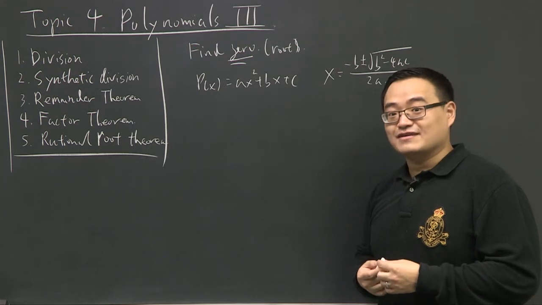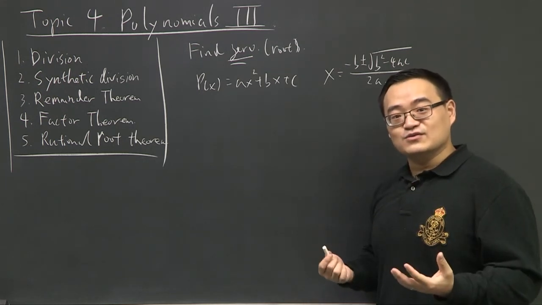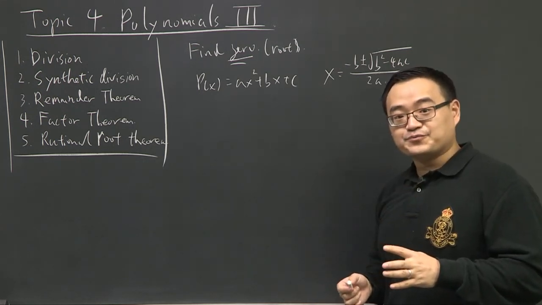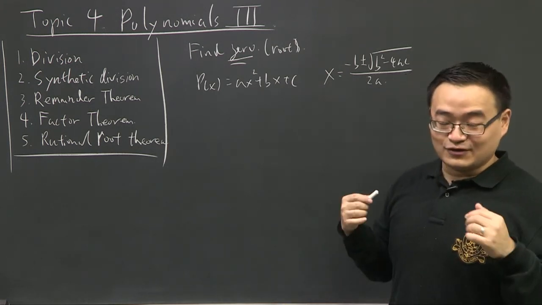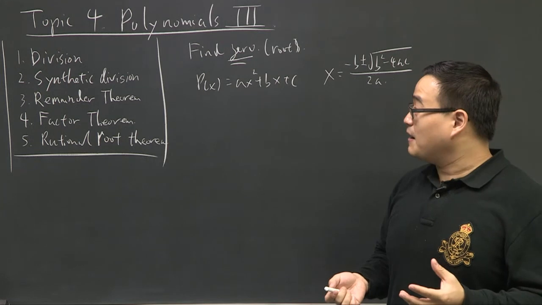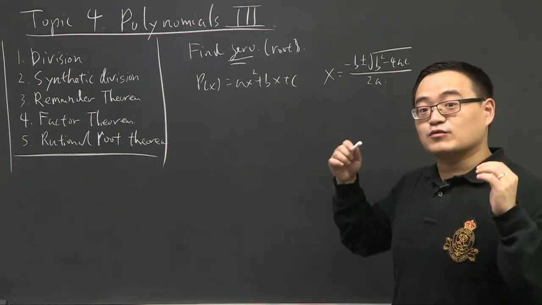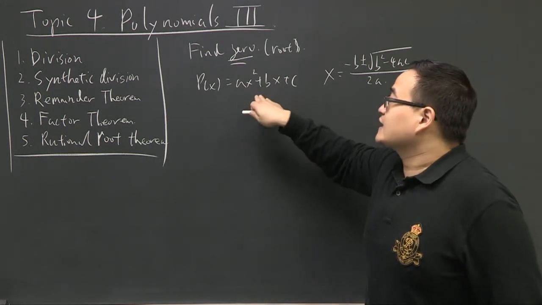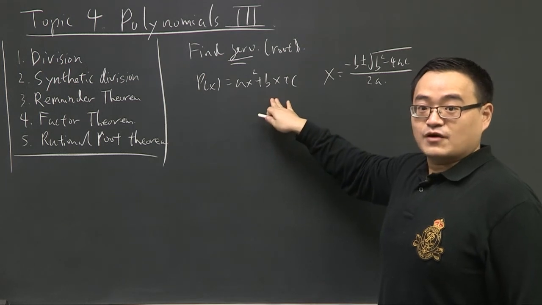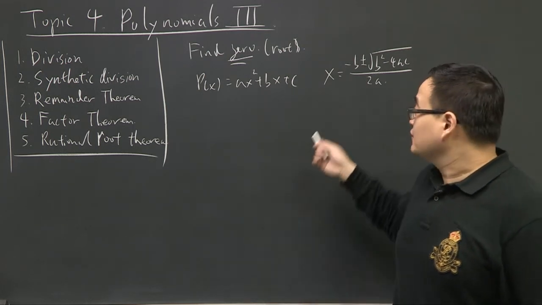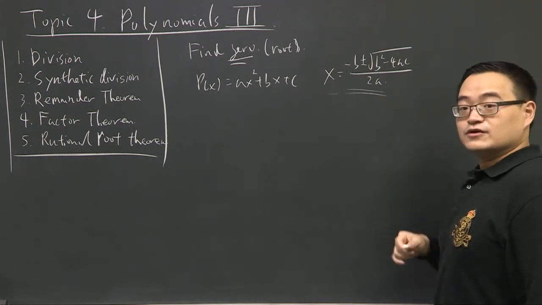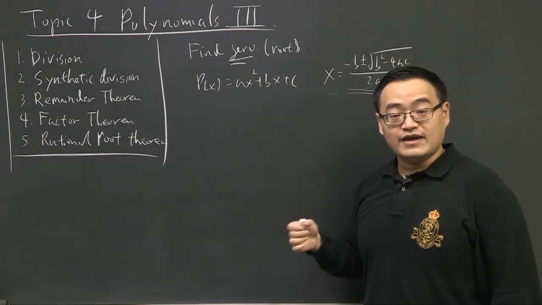But there are different theorems that we can use that will allow us to find the roots. And as a big picture thing, the goal is to reduce everything down to a second degree polynomial. Why is that? Because once you get down to the second degree polynomial, you can always use the quadratic formula to solve for roots. So keep that in mind.